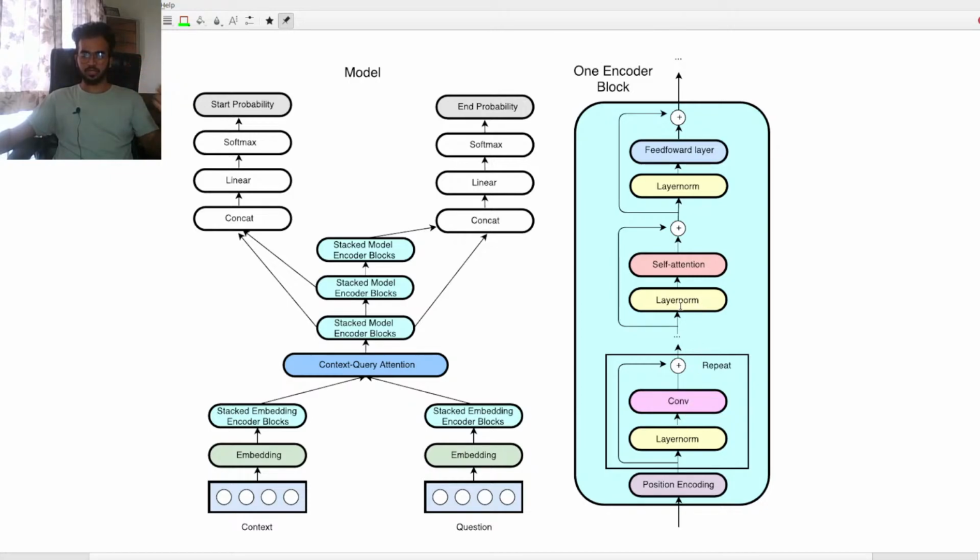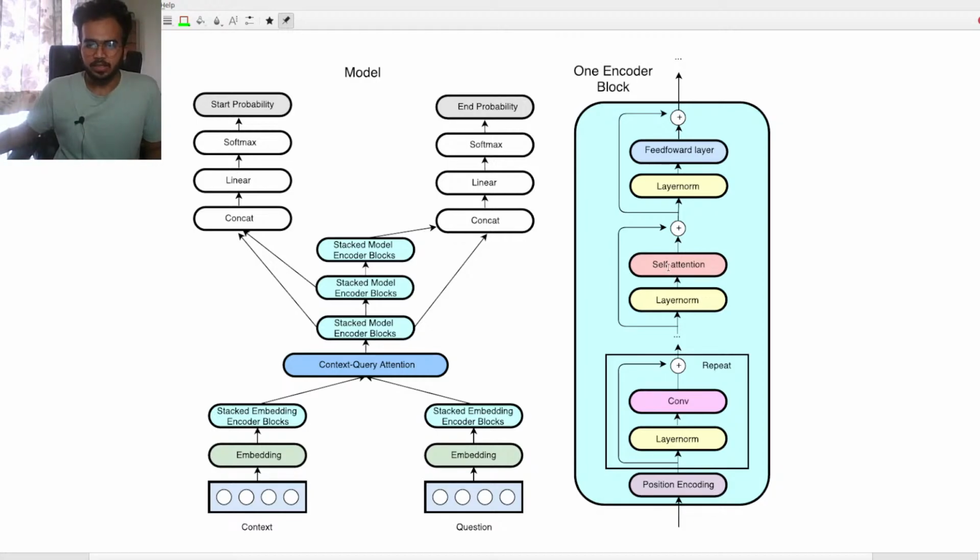Then we pass it to another layer norm and self-attention. Now this is important. After the features have been extracted from the embeddings, we have a self-attention block which will attend to the entire context that we have as input, and it will generate the key and query pairs, calculate the values, multiply, and self-attend to the input that we have.